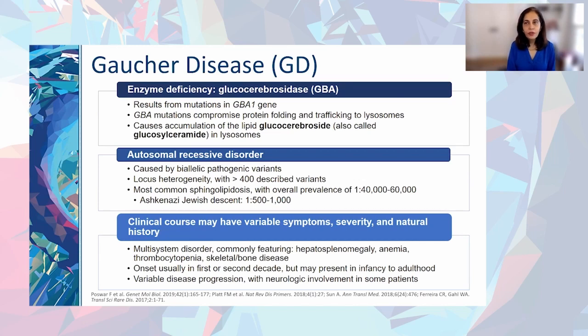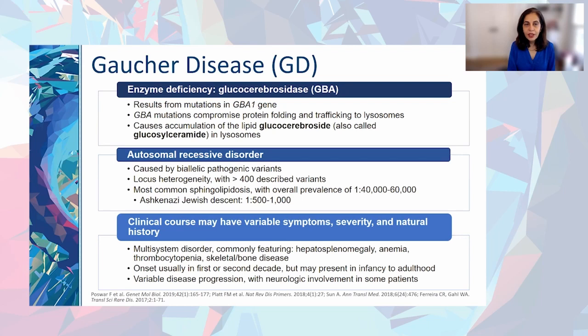Just as a quick overview for this audience, Gaucher disease is due to the enzyme deficiency glucocerebrosidase, and is due to pathogenic variants in the GBA1 gene. Due to this enzyme deficiency, there is an accumulation of the lipid glucocerebroside, which is often also called glucosylceramide, in lysosomes.